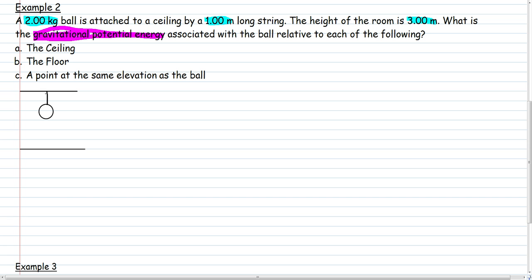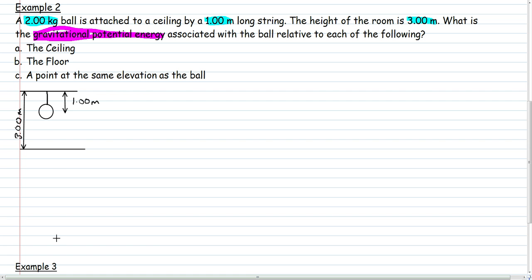I have my ceiling, my floor, and my ball. I know that the distance from the ceiling to the ball is 1 meter, that's 1.00 meters. I also know that the distance from the ceiling to the floor is 3 meters, so that's 3.00 meters.